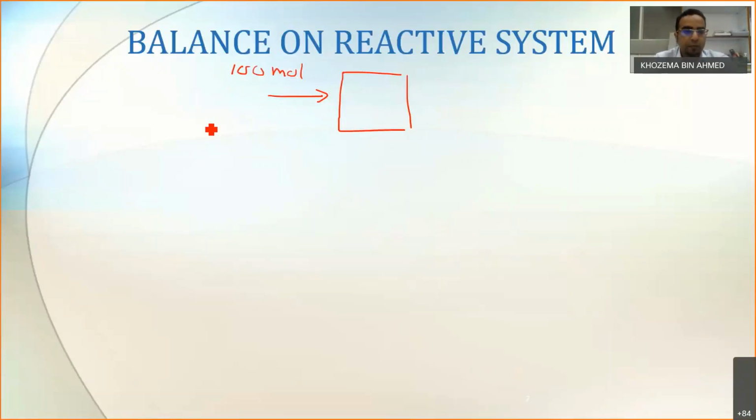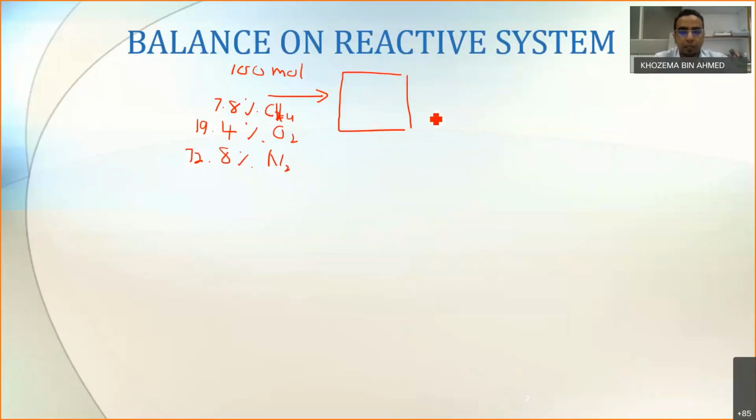In that 100 mole, we know that 7.8% is methane, CH4, 19.4% is oxygen, O2, and then the rest, 72.8%, is our inert nitrogen.